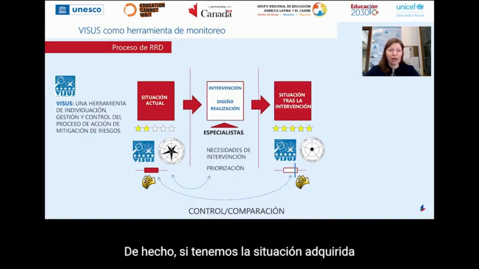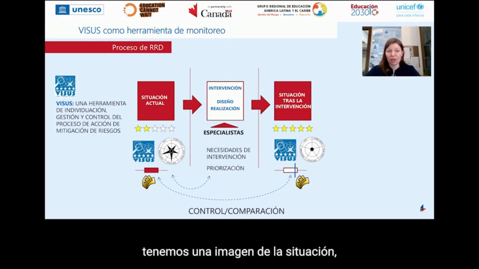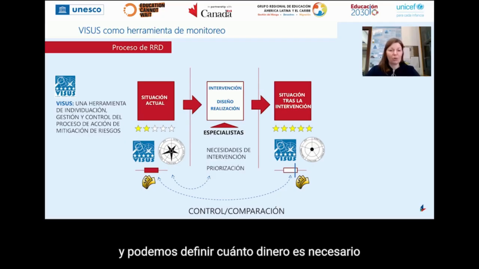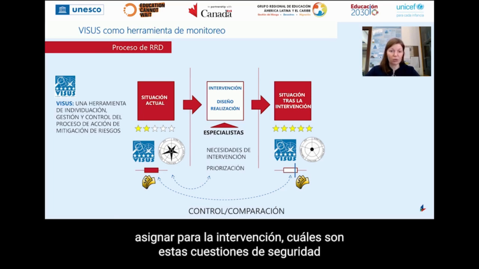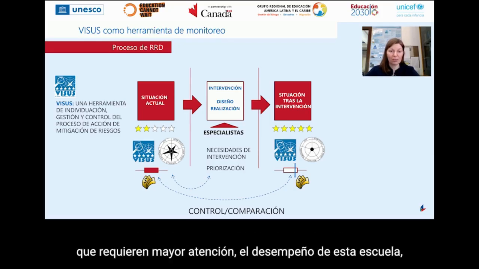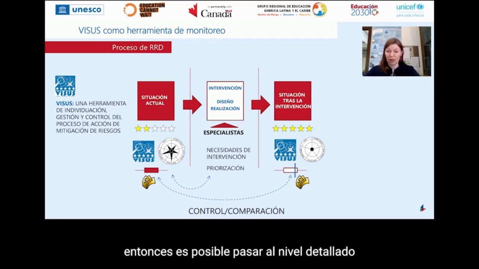In fact, if we have the situation acquired through the VISUS methodology before the interventions, we have a picture of the current, pre-intervention situation, and we can define how many dollars are necessary to allocate for the intervention, which are the safety issues that require most attention, the performance of the school. Then it is possible to go to the detailed level of intervention.